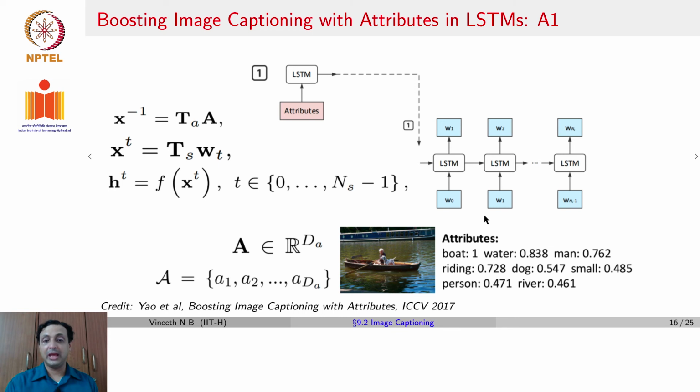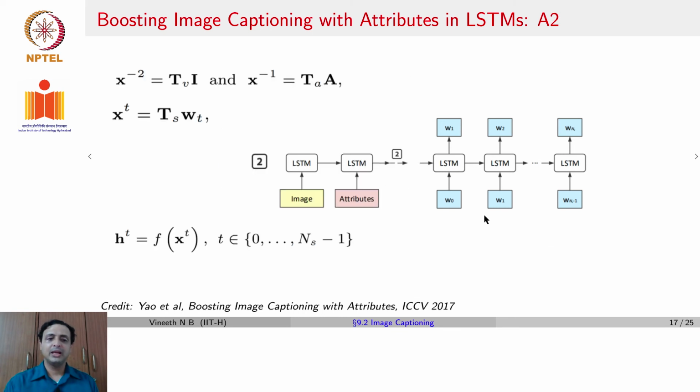This was A1, a variant. In a second variant, A2, both the image and the attributes were given as input to the image captioning model. So the image is first given to one step of the LSTM or the RNN, and in the subsequent time step, the attributes are given to the LSTM. So you have an X -2, which is based on the image, and an X -1, which is based on the attributes.